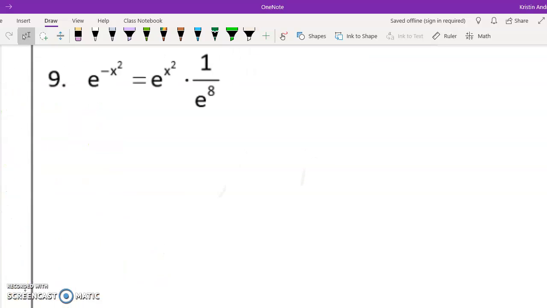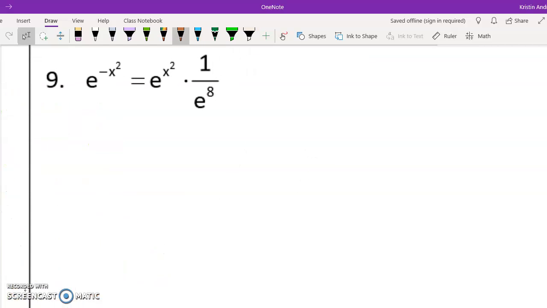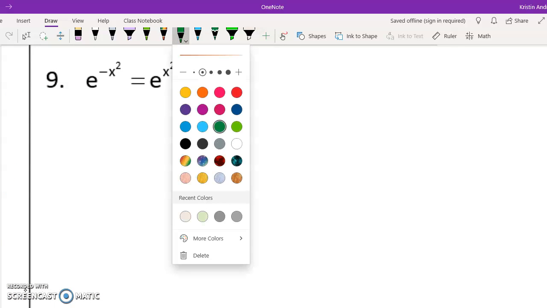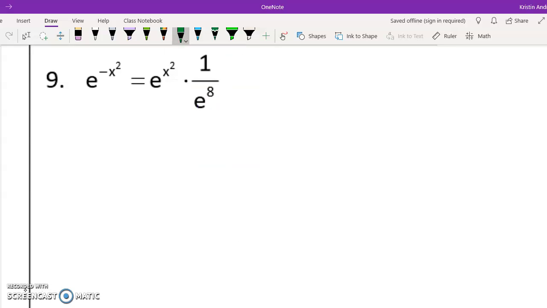All right, last one is number 9. All right, so I have e to the negative x squared, e to the positive x squared, and then I have times 1 over e to the 8th, which I know is e to the negative 8th power.